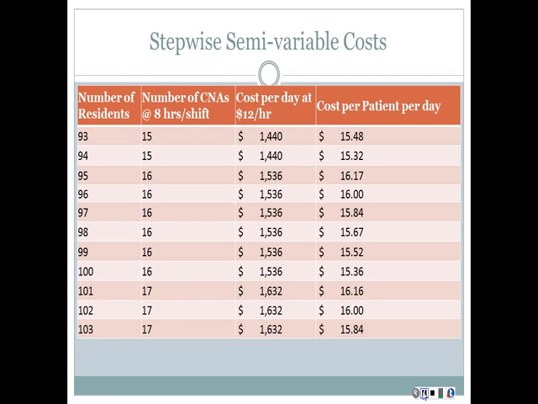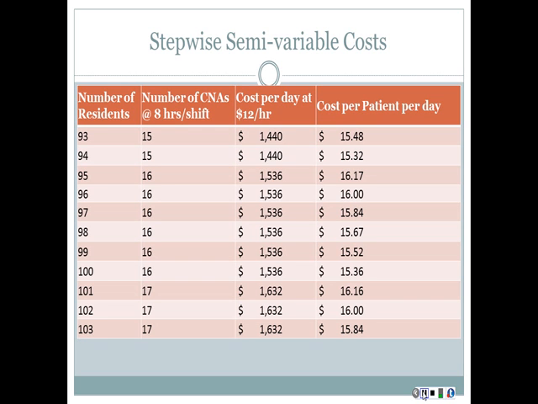The problem that we faced was that our reimbursement would not fully cover that one more resident when we had to bump up the number of staff. Our reimbursement was $15.84.